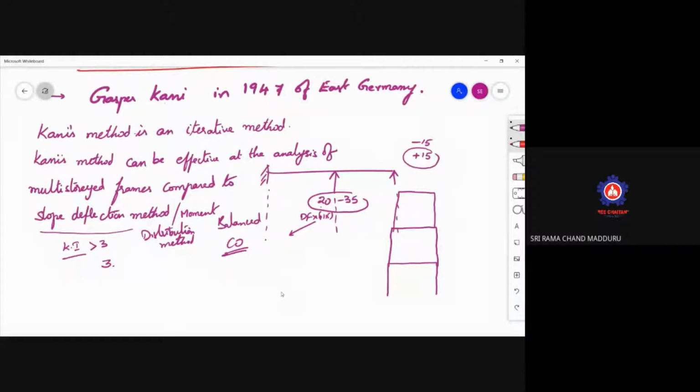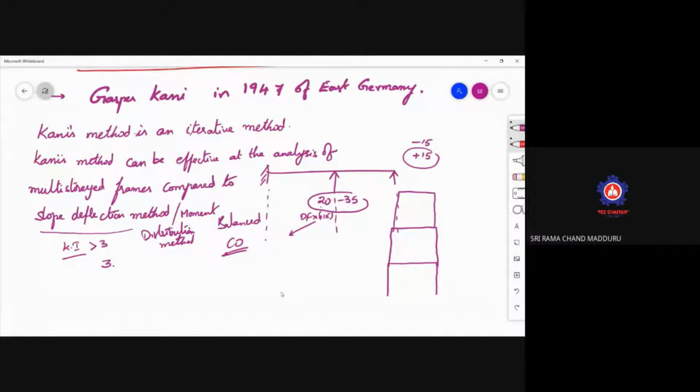In case of Kani's method, it is very effective to analyze multi-storied frames compared to other methods. Till the mid-80s, this method was effectively used to analyze multi-storied frames. But when software to analyze structures came, like STAAD.Pro and others, there are many other analytical software packages.